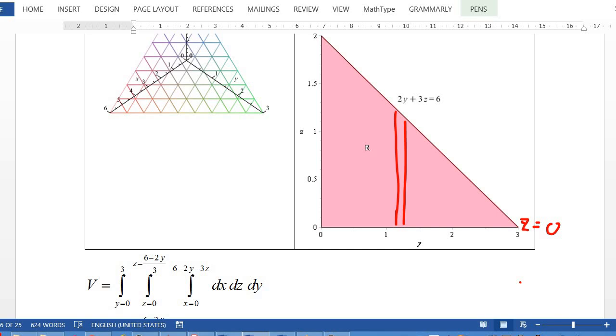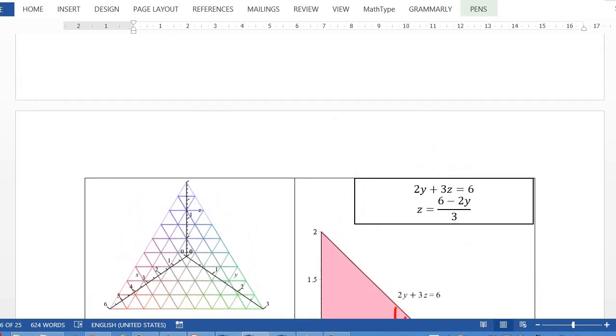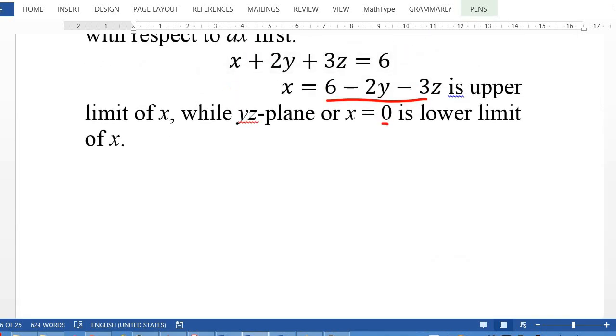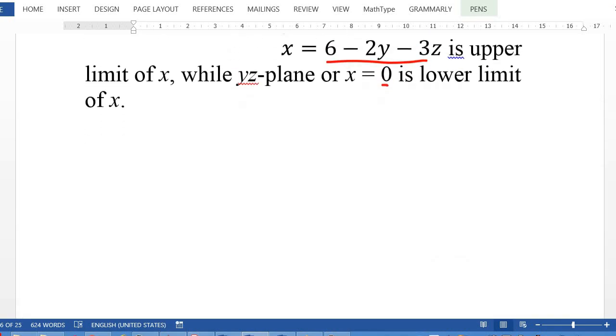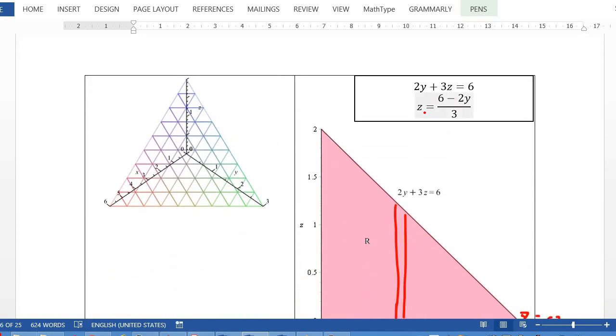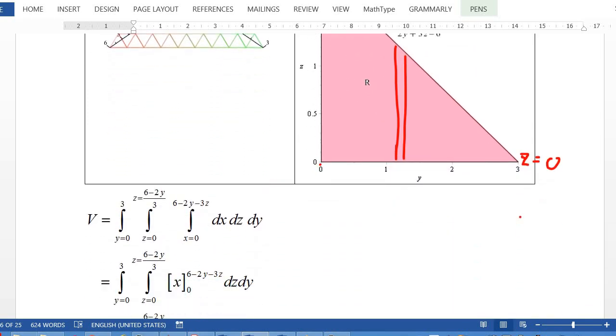The top curve is 2y plus 3z equal to 6, which you obtain by letting x equal 0. Then z is 6 minus 2y over 3. And you sum the vertical bars from the left side, which is y equal to 0 until y equal to 3.